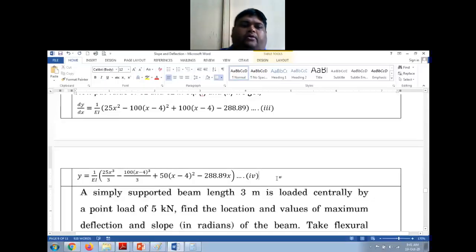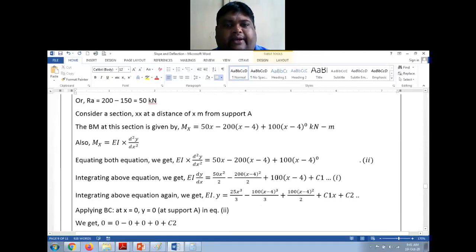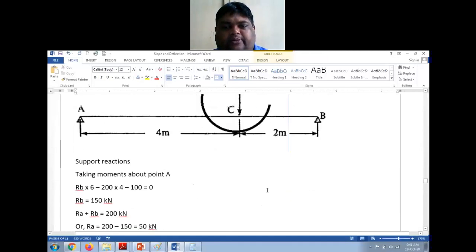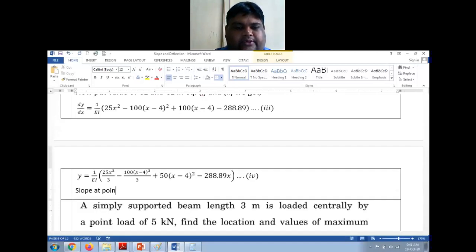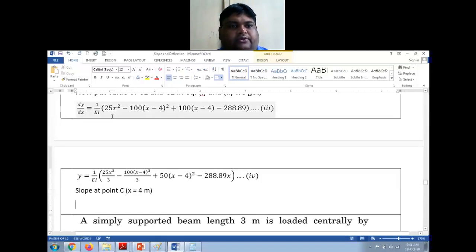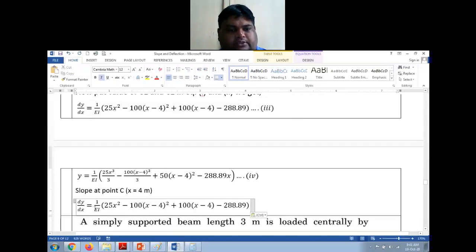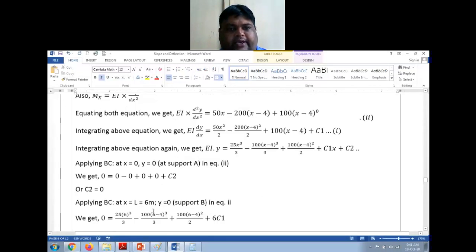Okay. Now I need to find the slope and deflection at point C. At point C, x equal to 4 meter, right? So I have to put x equal to 4 meter in this. I will just copy this. 1 by EI.